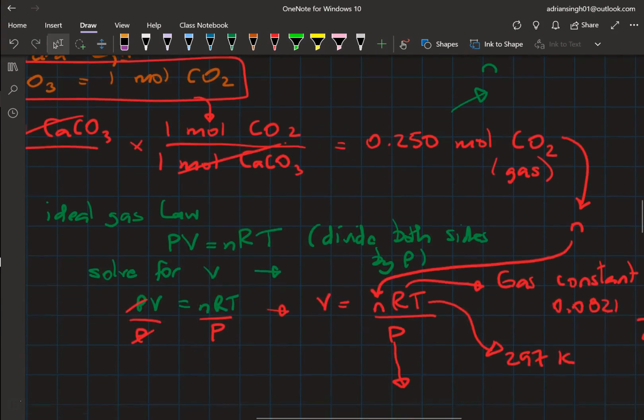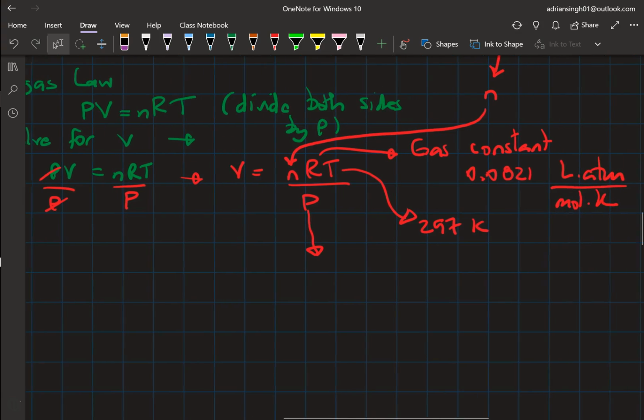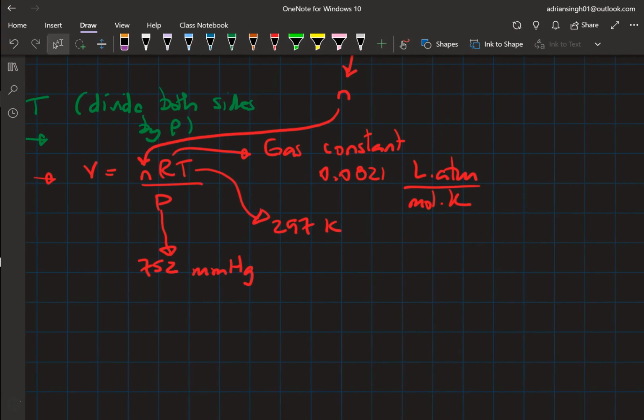All right, with any calculations you do, you want to make sure you have the right units. So for 752 millimeters of mercury, in our ideal gas constant the pressure is actually given in atmospheres. So we need to convert this to atmospheres. We use the relationship between atmospheres and millimeters of mercury.